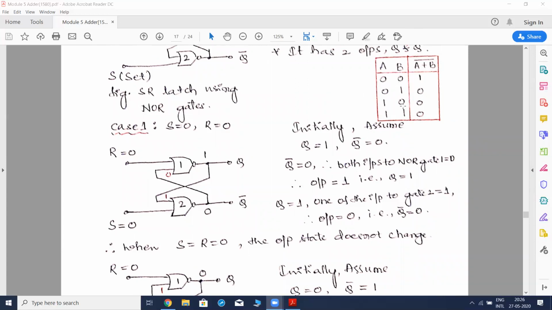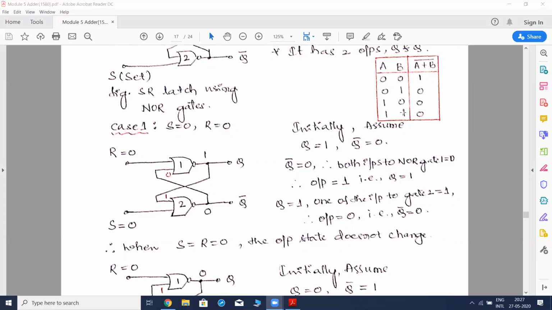From this we could see that when any one of the inputs is 1, or when both the inputs are 1, 1, we are going to get the output 0. That means we have to start the analysis wherever the input is 1.